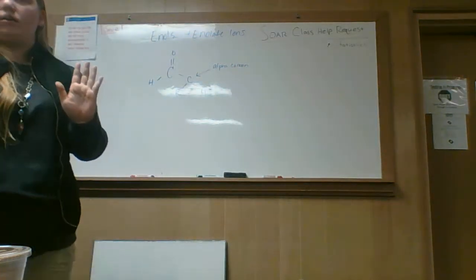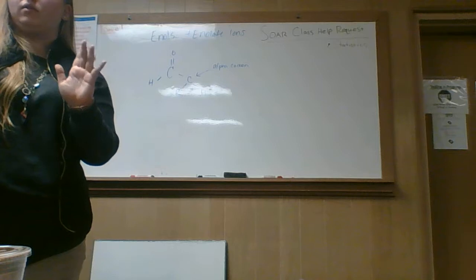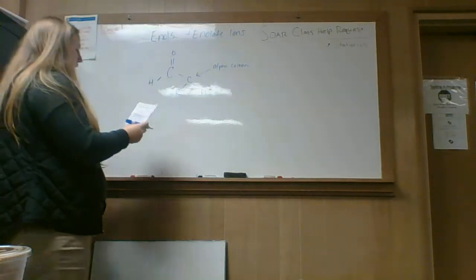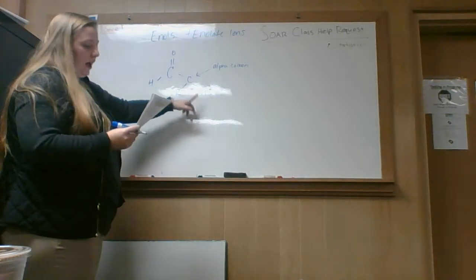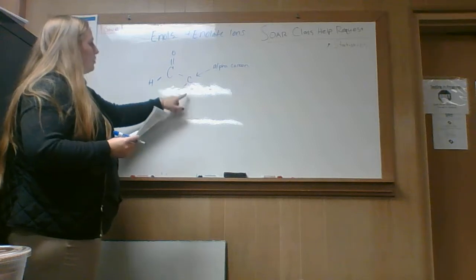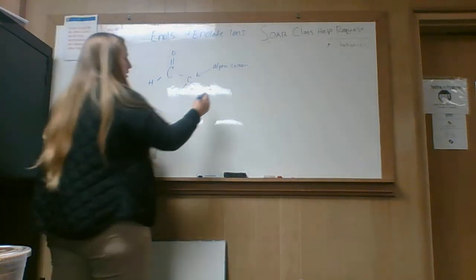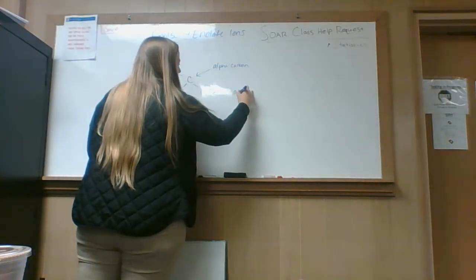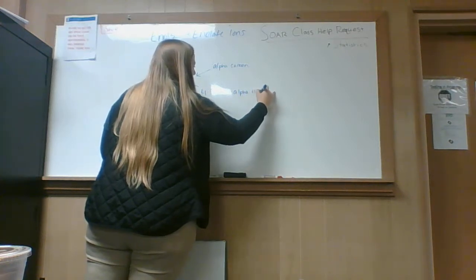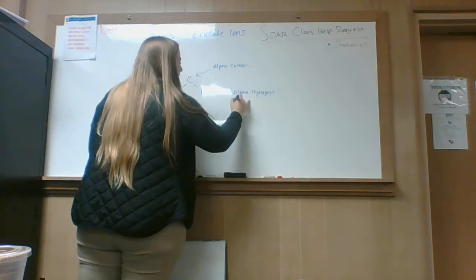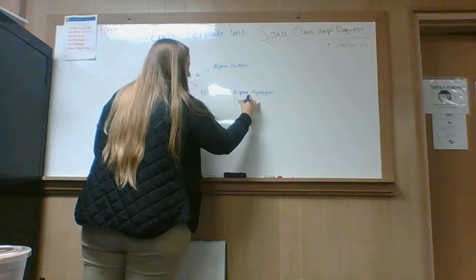The carbon next to that is the beta carbon. That will come up again later. Any hydrogen attached to an alpha carbon is considered an alpha hydrogen. These happen to be very acidic.